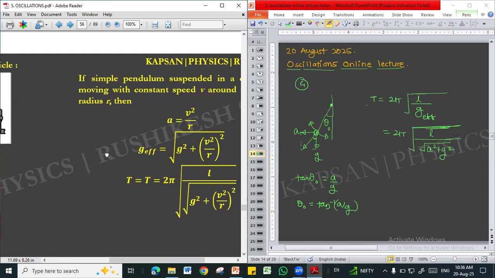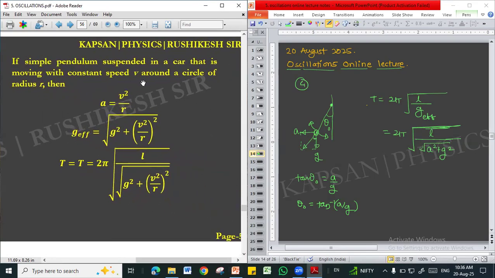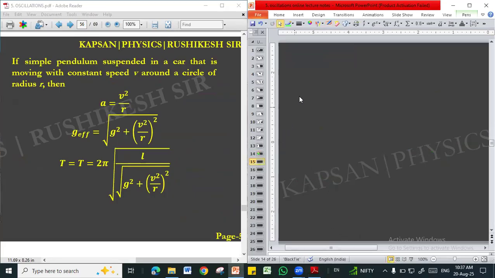Next, if the simple pendulum is suspended in a car that is moving with a constant speed v around a circle of radius small r, then what if our simple pendulum is inside a car performing circular motion? Let's say this is the surface of the road, this is the vehicle.